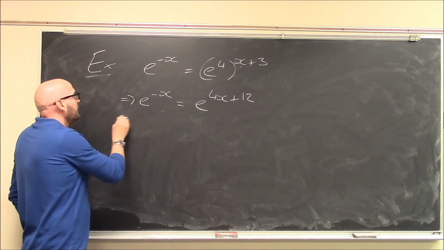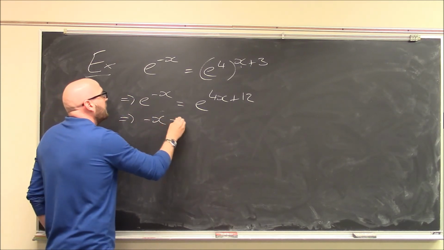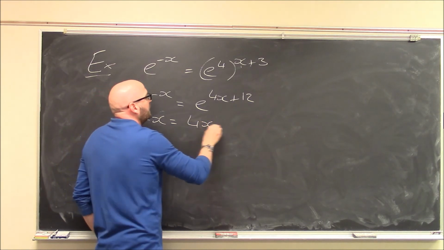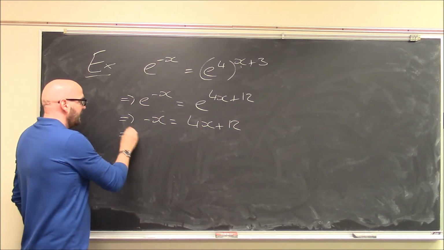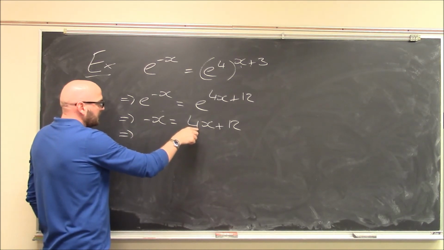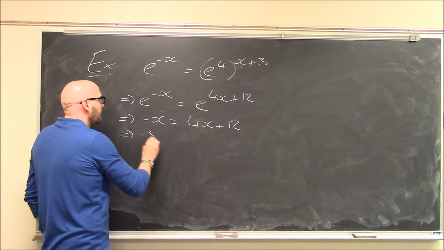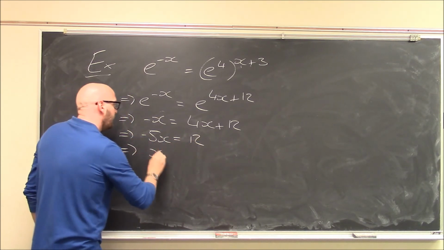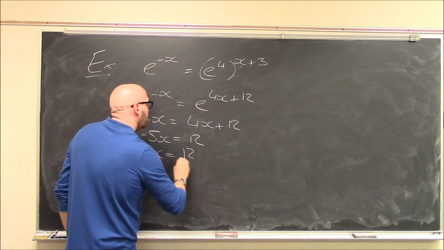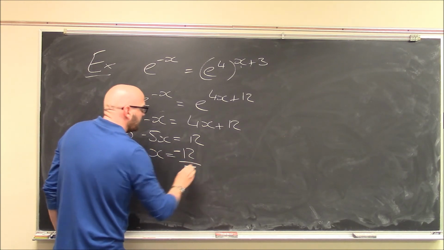Same base, that means the exponents have to be the same, so minus x equals 4x plus 12. And just solving for x now, subtract 4x from this side, minus 5x equals 12, so x is minus 12 fifths.